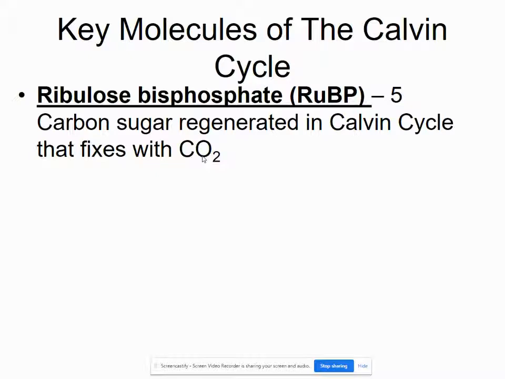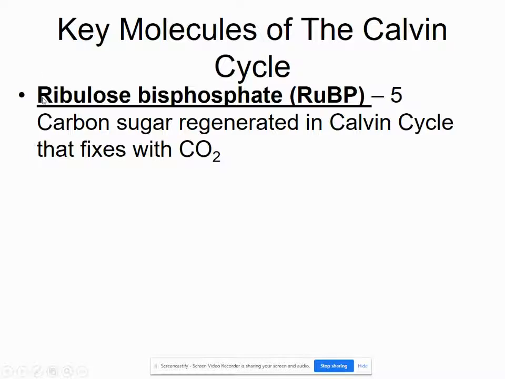This is going to be a 5-carbon sugar that's going to be used to regenerate the Calvin cycle. It's going to be what CO2 fixes to, to start this Calvin cycle. So RuBP, really big one. I'm okay if you don't remember that it's ribulose bisphosphate, if you can remember RuBP. But ribulose should sound familiar.